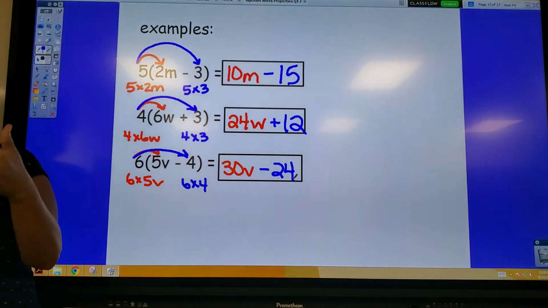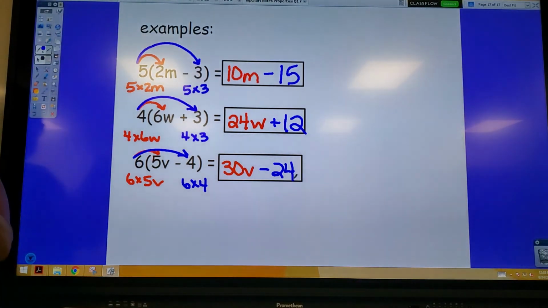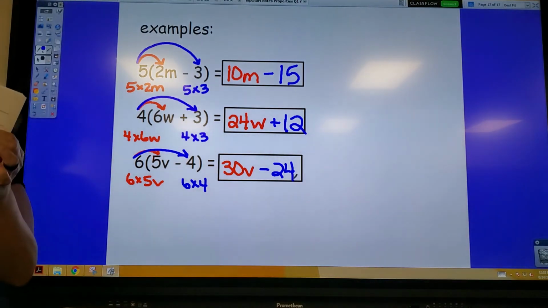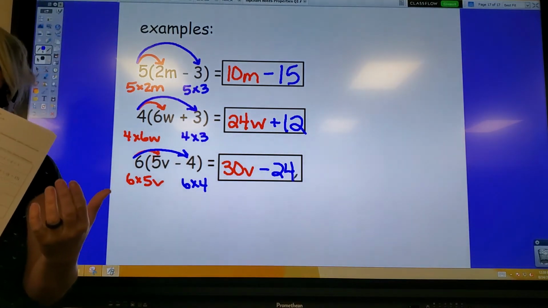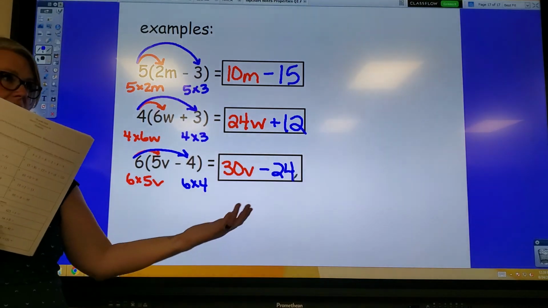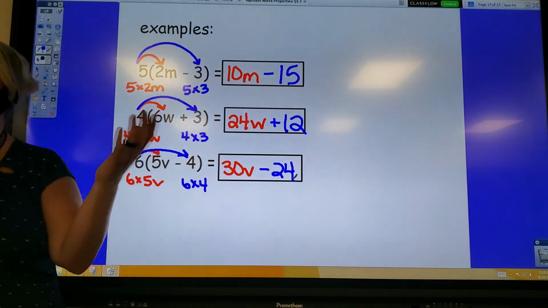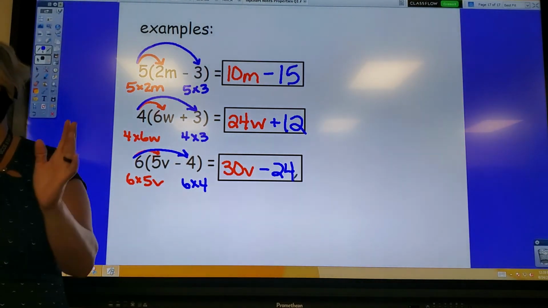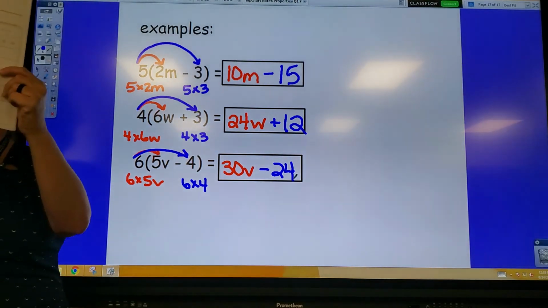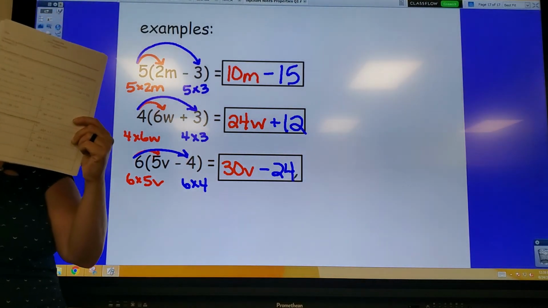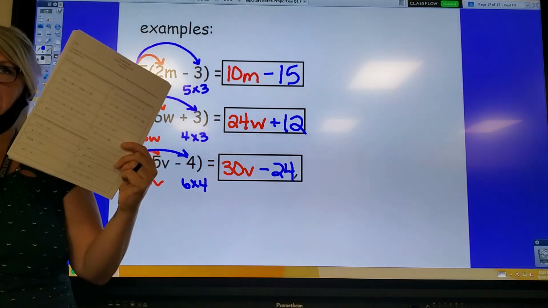So you can choose which property, okay? If you want to, instead of writing out the entire word, if for commutative you want to put a C, that would be fine. Associative A, distributive D, identity I, just use the first letter unless you feel like writing the whole word, okay?